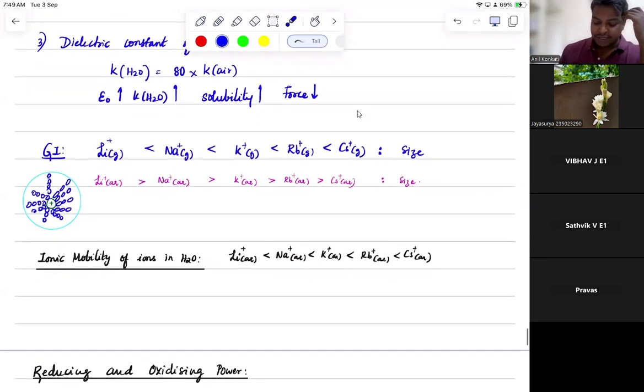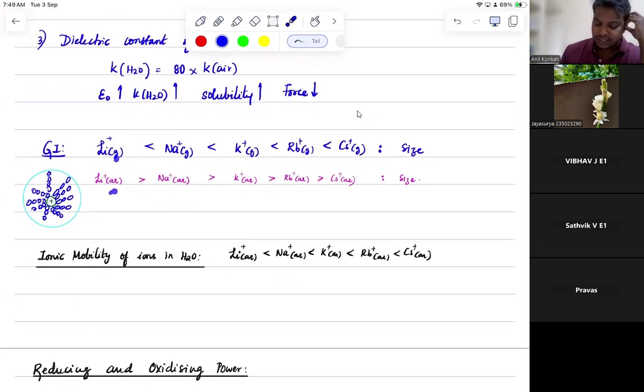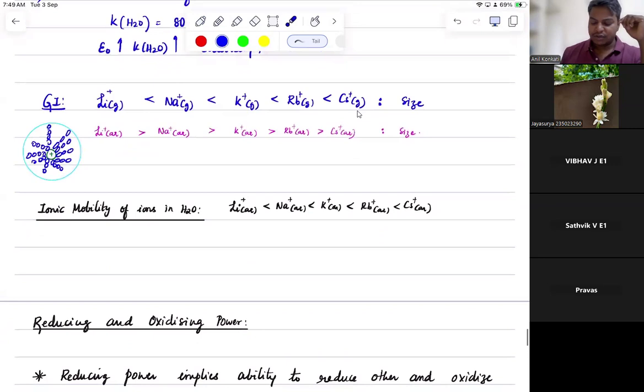When a gaseous ion converts to an aqueous ion, down the group the size will decrease, because the aqueous ion of lithium will be much bigger in size. That also makes the mobility of lithium plus very weak, so the ionic mobility of lithium is very weak compared to that of the cesium plus aqueous ion.